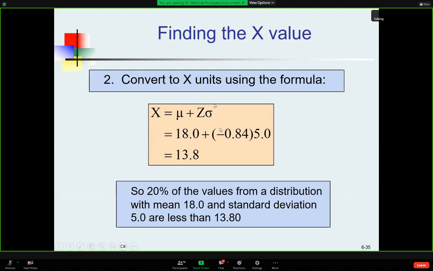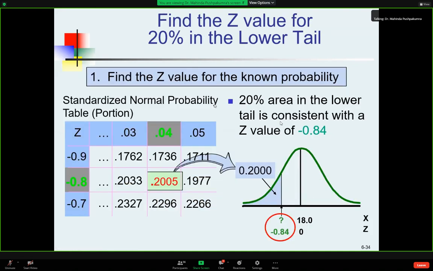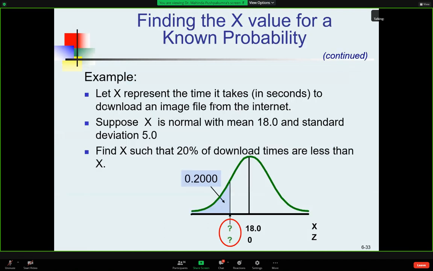Okay, is it clear? Sir, how did you decide the minus for the 0.84? Yes, in the question they said: find x such that 20% of download times are less than x. If you take this curve, this is 100%.